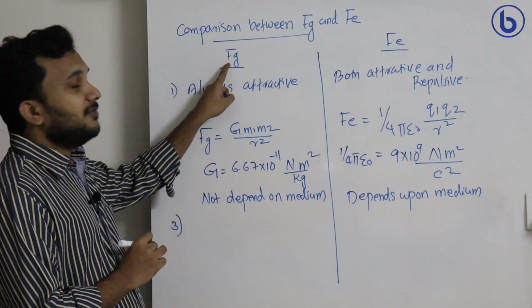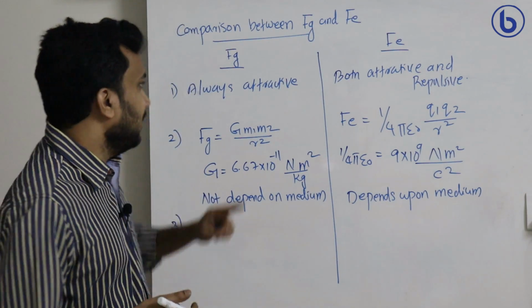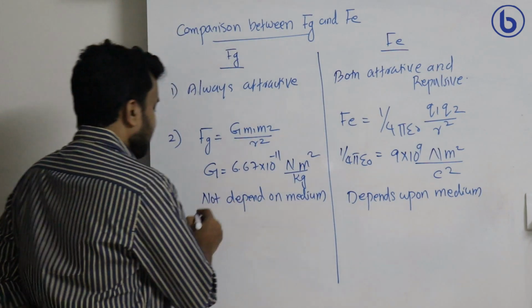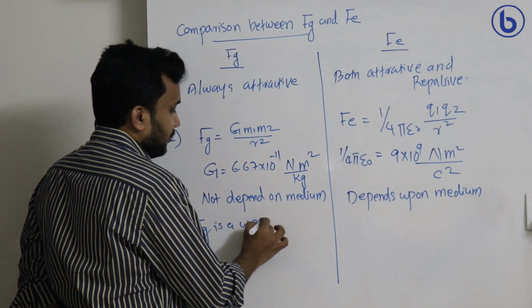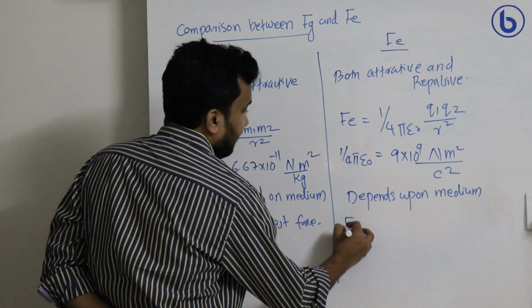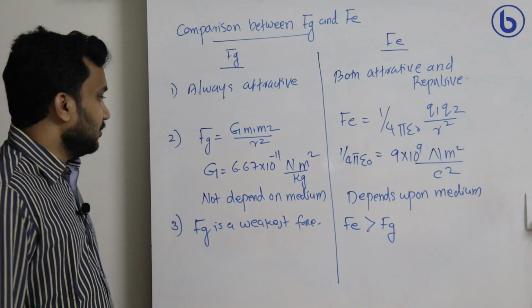It says that gravitational force is always the weakest force in nature, and compared to gravitational force, the electric force will be higher. So I can see Fg is the weakest force, but Fe is greater than Fg. So this is a comparison.